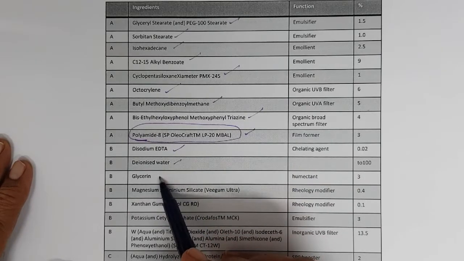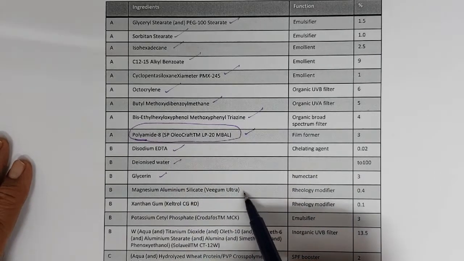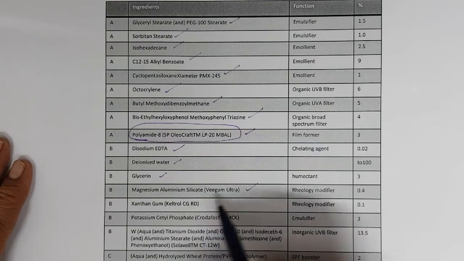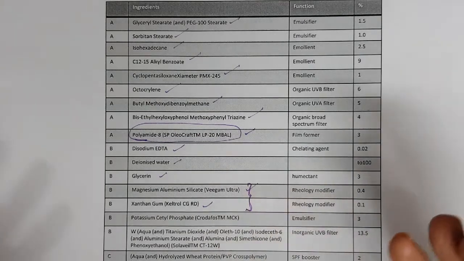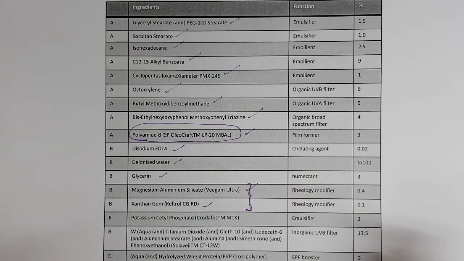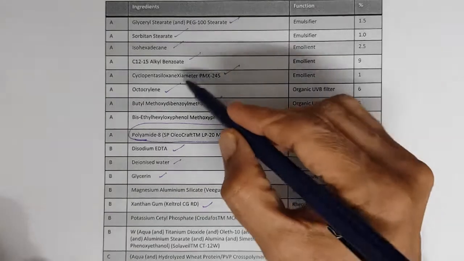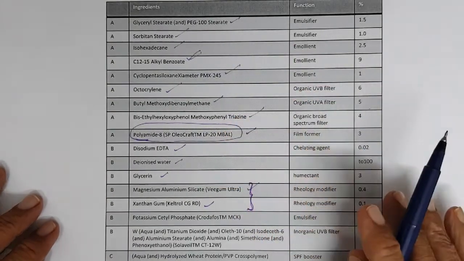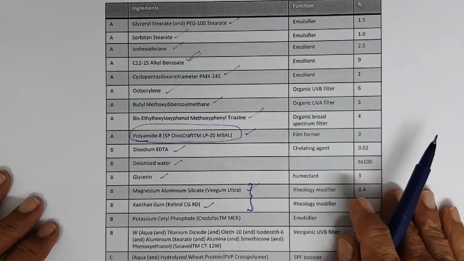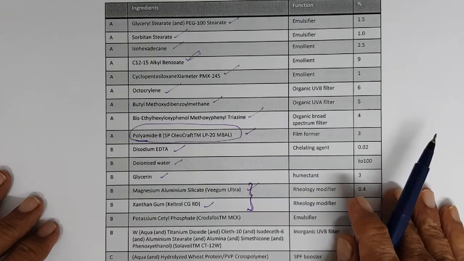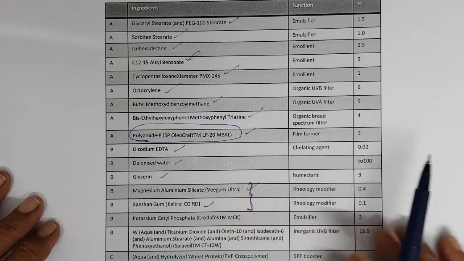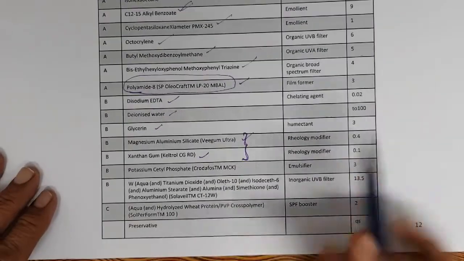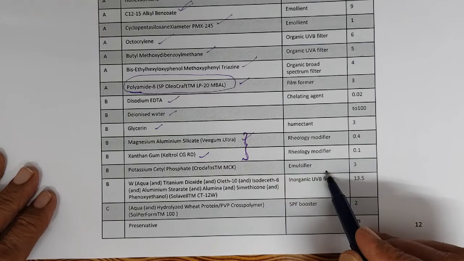Chelating agent, water, humectant. This is the rheology modifier. So here again, clay and gum is used. See this? A combination of the clay and gum gives very, very good effect. So C12-15 alkyl benzoate. This is a solvent for the sunscreens, right? Butyl methoxy... potassium cetyl phosphate, emulsifier.